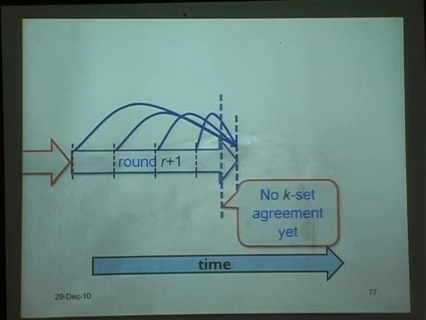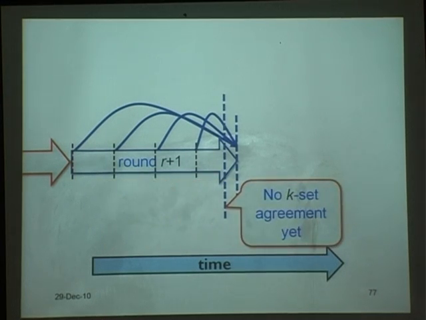So in fact, we can move our deadline almost one more round further, because nobody's learned anything since then. At the time all these messages were delivered, you couldn't do k-set agreement. So if we wait until epsilon before you get the rest of your messages, you still can't decide.